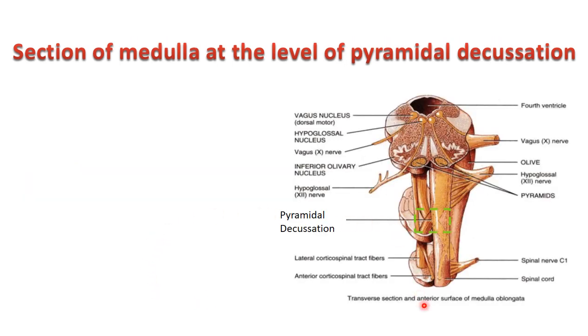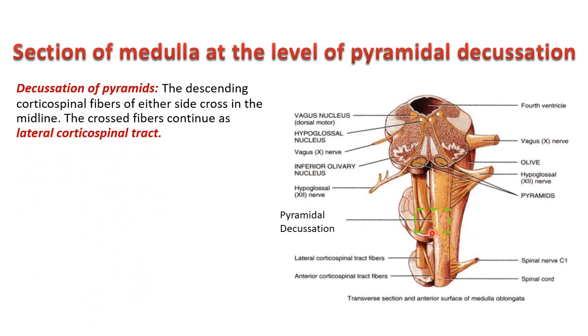Now you're able to see the lowermost part of the spinal cord, where this crossing is taking place, the great pyramidal decussation. Above that section, in the upper part, you see a solid mass which is called the pyramids, the fibers of the corticospinal tract. These fibers cross at the lower part of the medulla, forming your pyramidal decussation.